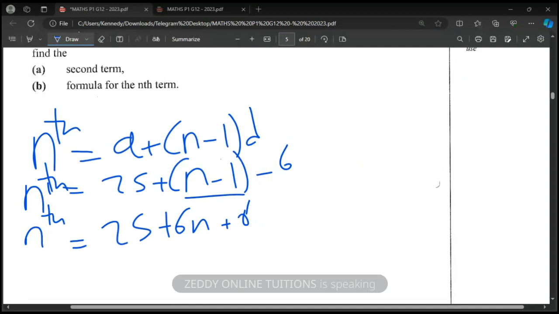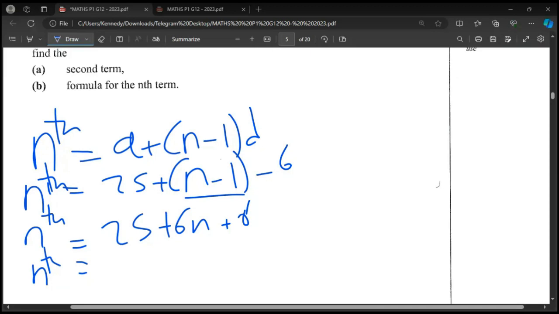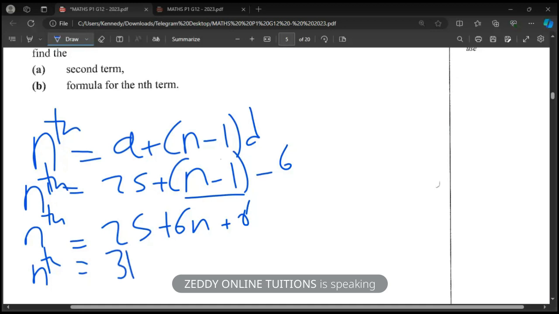So it's now going to be nth term is equal to, this 6 will come to the other side, which will be 25 plus 6, right? So what is 25 plus 6? 31. 31 plus 6n, right?